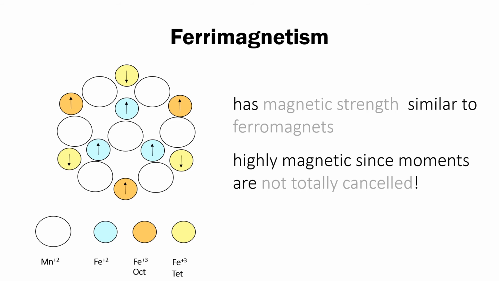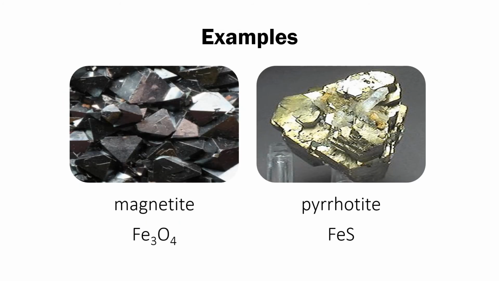So ito yung tinatawag natin colloquially na magnetic materials. Ito pa yung ibang klase ng material na pwede natin gawin na magnet. So examples ito is your magnetite and pyrrhotite. Yung magnetite natin yan yung pinakaunang magnet talaga na na-discover natin, I mean.